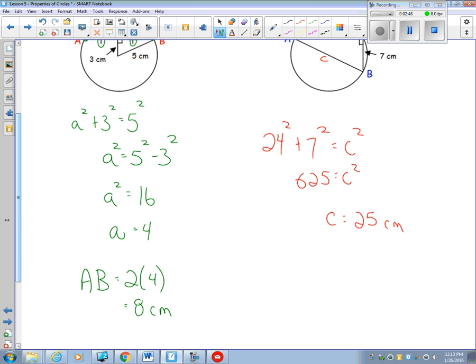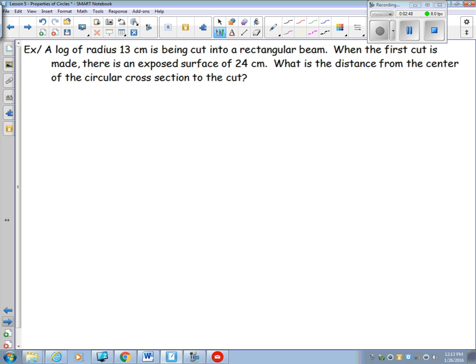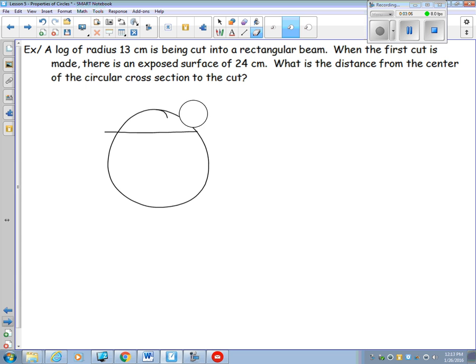Okay, if I go to the application one, give it a try, read it over so you can draw the picture. It's probably the hard part of this one. And see what's going on here. So we have a log that's going to get cut. Okay, so if I have the log, and then I cut off a portion, let's call it like that, I'd be left with this cut, right, to the log.